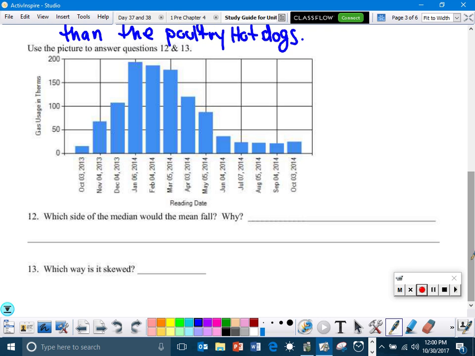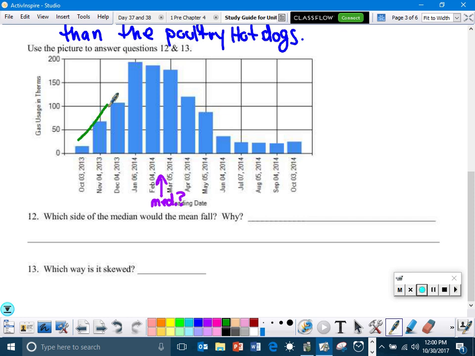Use the picture to answer questions 12 and 13. First of all, which side of the median would the mean fall? We don't know exactly where the median is. The median might be right here. We're not sure, but we really don't care because of what we learned about how it is skewed.